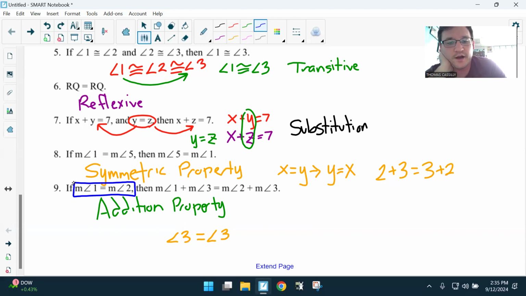Since angle 1 and angle 2 are the same thing, let's think of it like this. I am going to add an angle 1 onto both sides. I am adding equal amounts onto both sides of this equation. It's still balanced. But since angle 1 and angle 2 are equal, I'm going to swap this out with an angle 2.